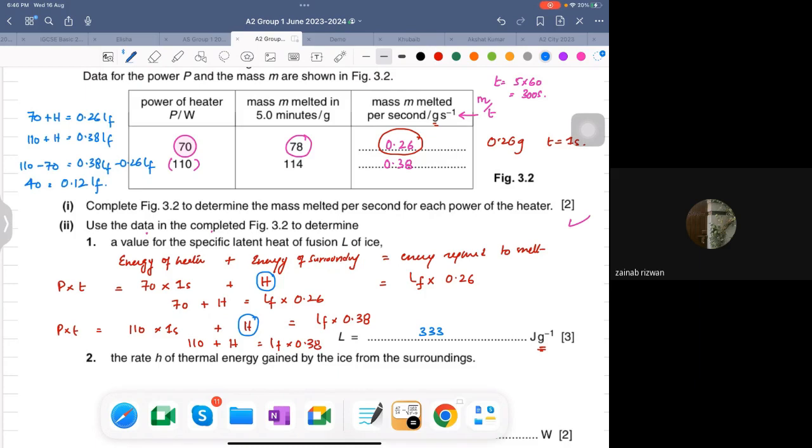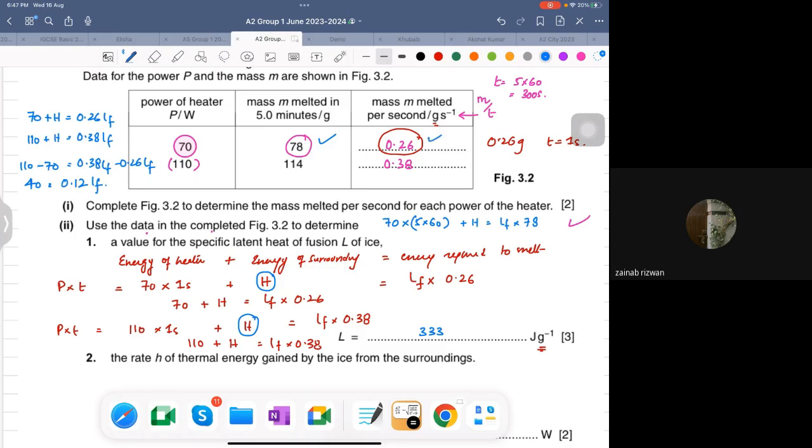Yes. Then we would have taken this mass. You could have written this as this much power into 5 into 60. So this will be the time. Power into time plus H equals now LF times 78. You have to do this then. You get it?